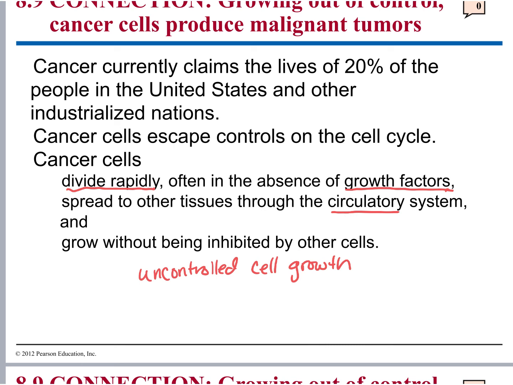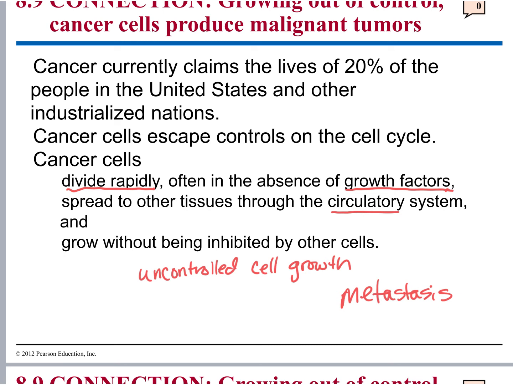And once they have been transported to other areas of the body, they'll find a suitable place to start growing and dividing again. And when that happens, that's called metastasis. That's spreading of the cancer cells.